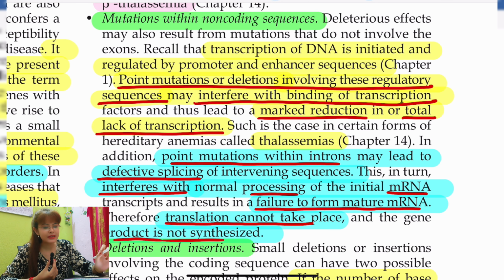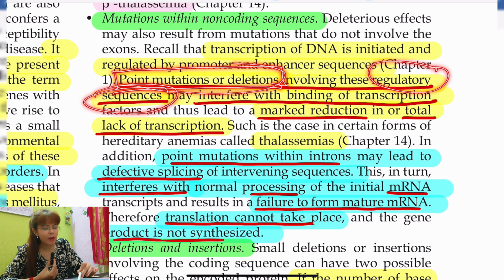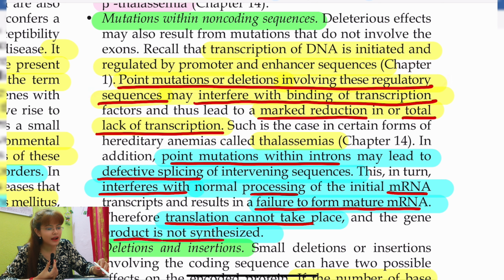Number one, there are point mutations or deletions involving these regulatory sequences. Once this happens, it interferes with the binding of the transcription factor. Once these factors are not able to bind, there is a marked reduction or a total lack of transcription happening in thalassemia.